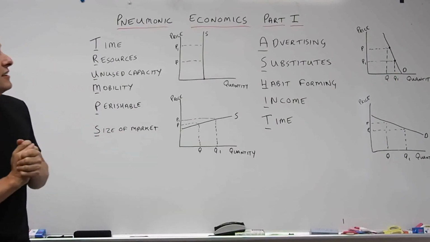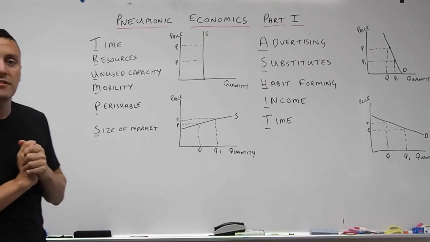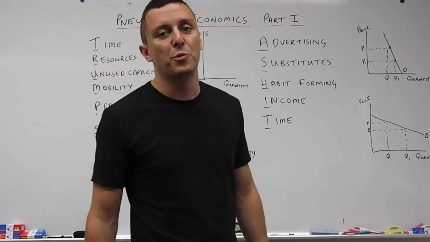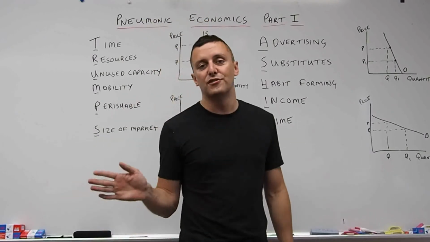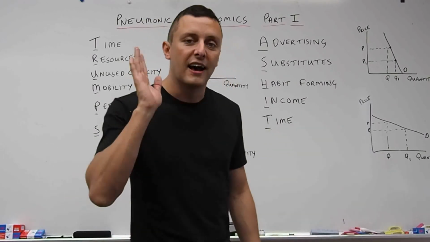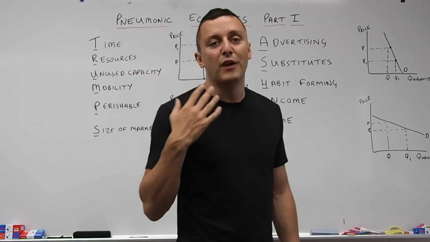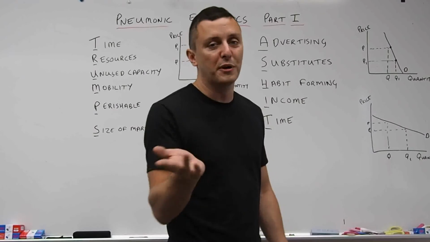Okay, next is a shit, which is talking about price elasticity of demand. Now you may have learned some other mnemonic device, but a shit is the easiest one that I think I can remember, and all my students can remember.